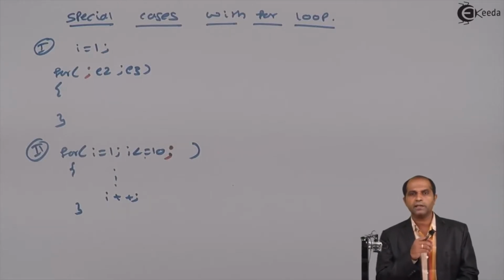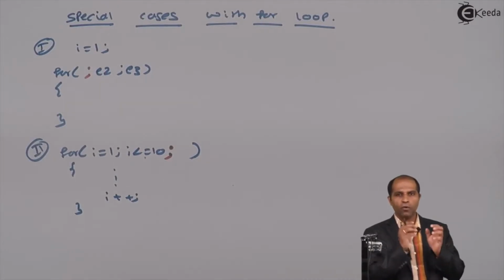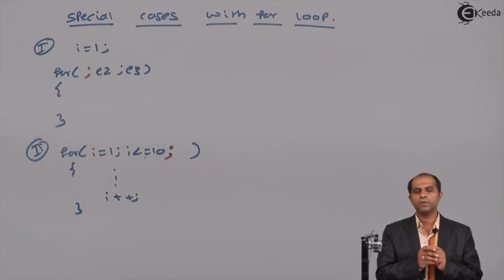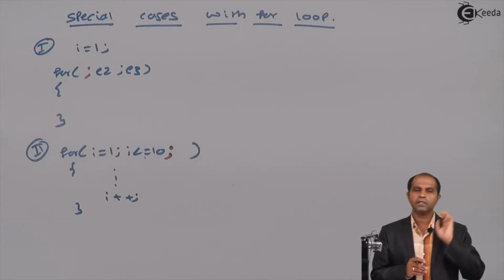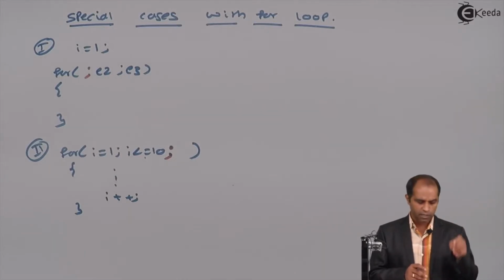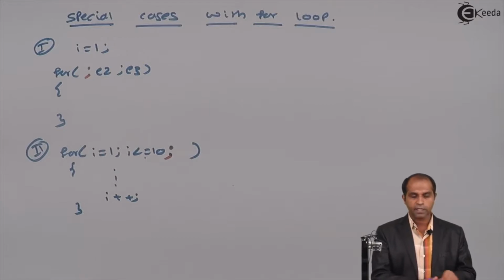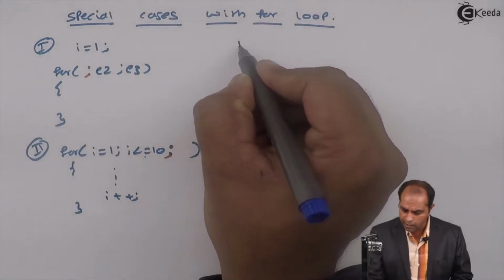This is one syntactical variation of the for loop, where a for loop can miss E1, can miss E3. Can I have a for loop with both expressions missing, E1 as well as E3? Yes, I can have a for loop with that particular syntax also. Let me quote that as the third case.